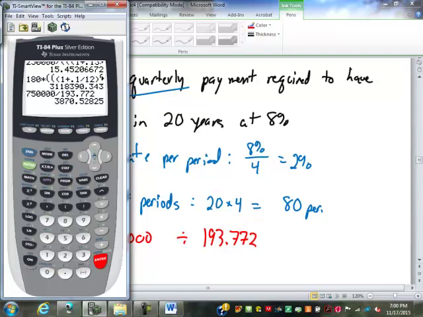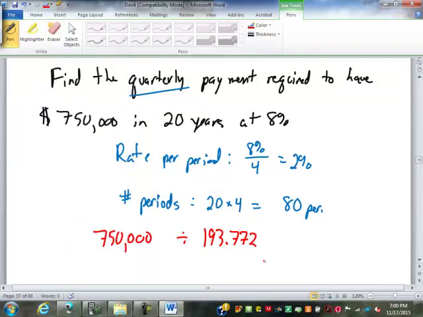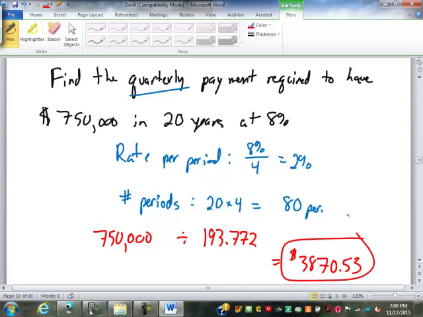That's 3870.53. So to do that in 20 years at 8%, you'd have to put away just under $4,000 per quarter.